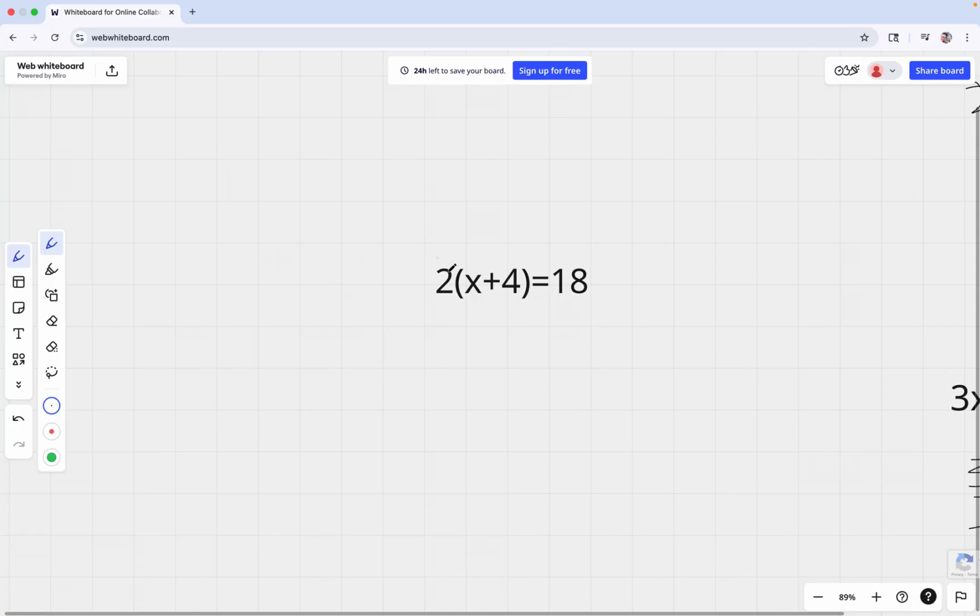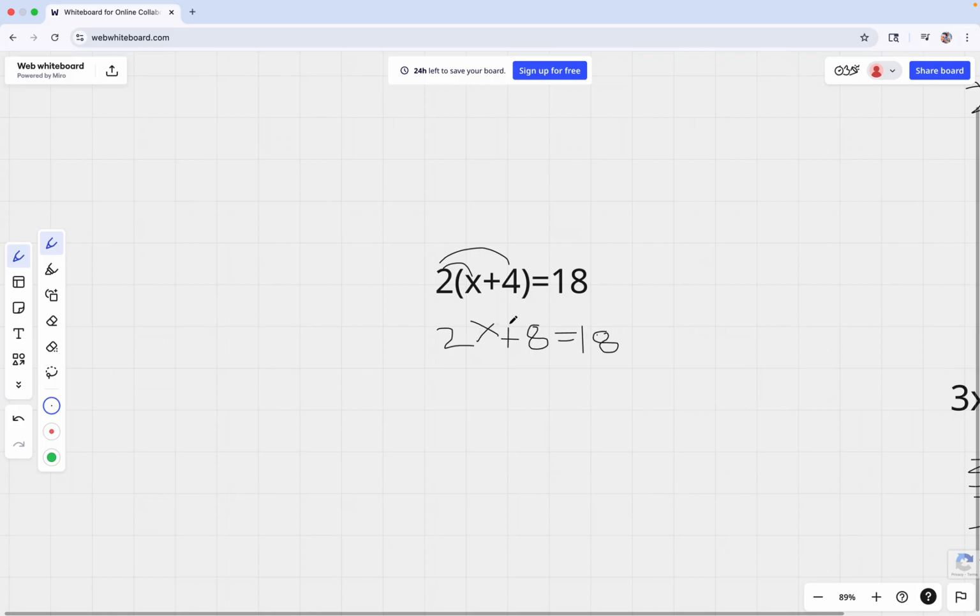If you don't know, it's basically when you have parentheses like this and a number in front of it, you put this number on this and this number on this. In this case, 2 times x is 2x, and then 2 times 4 is 8, so you put plus 8 equals 18. That's the easy way of using the distributive property to get rid of the parentheses.